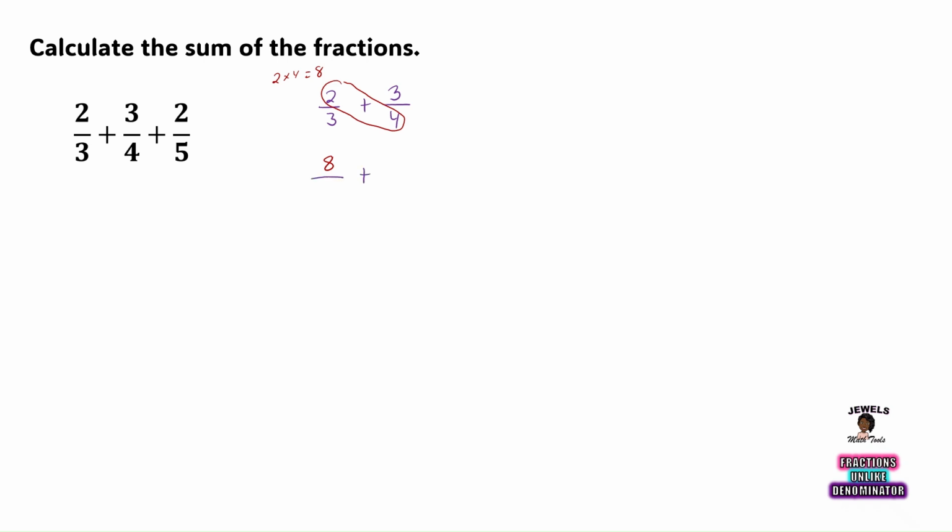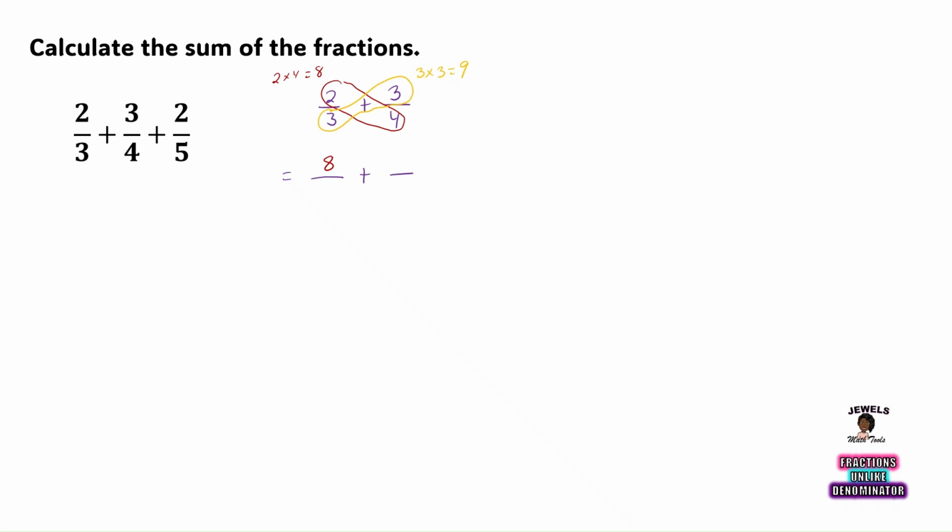And then we are going to apply that same step to our next fraction, where I will multiply the denominator of my first fraction, which is 3, by the numerator in the second fraction, which is also 3. So I'm multiplying 3 times 3, which will equal 9.